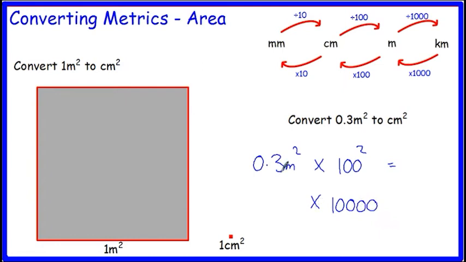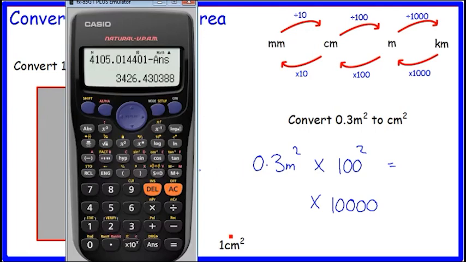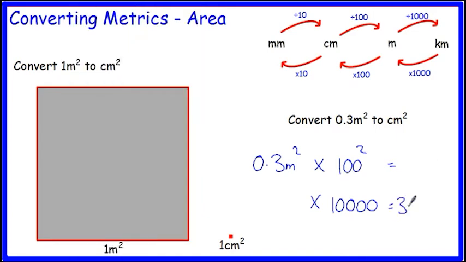Imagine this is going to move 4 places over to the right, or use your calc. 0.3 times 10,000 will give me 3,000 centimeters squared. So you could just move this over 4 places, 1, 2, 3, 4, and you'd have your answer. That's if it was on the non-calc.